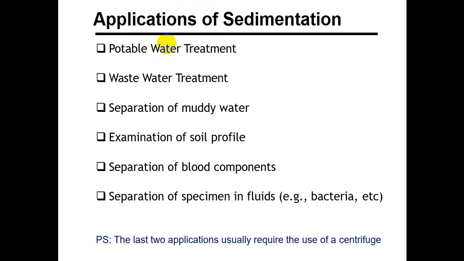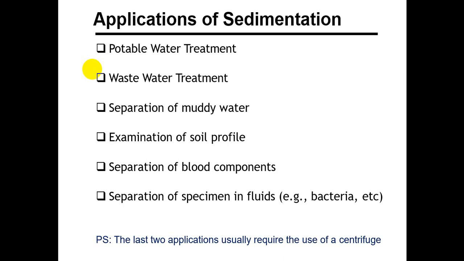So you mix the water and let it settle so that you pour the clear water out and throw the debris away. Another example is wastewater treatment. If there is any wastewater, you need to recycle it, so you use this sedimentation technique to treat it because nothing should be wasted. Then separation of muddy water, which is like type 3.